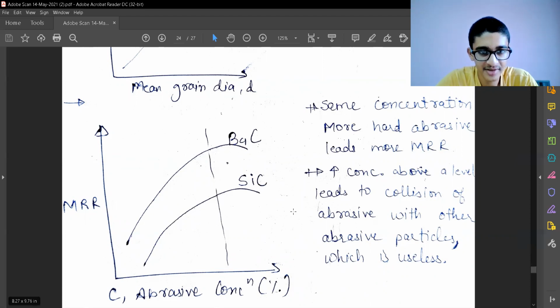And with respect to this curve, increasing the concentration above a level, there is some maximum value, after which it is going to decrease. Increasing the concentration above some given value leads to collision of abrasives with each other. The collision happens among the abrasive particles themselves, and not with the surface of the workpiece. So that collision is useless, and that will not lead to any machining or material removal.